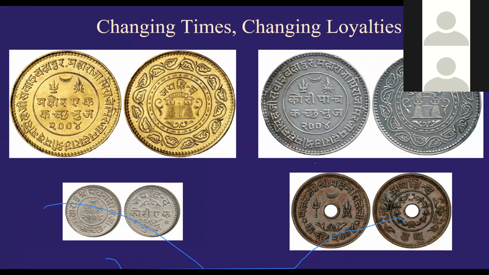As a last slide, I would say this was not the same thing. Loyalties were not something set in stone. Loyalties changed as times changed. And of course, these are the famous examples of the coins of Kutch, which after independence omitted the name of the British emperor from them. Instead, they put the nationalistic slogan "Jai Hind" onto their coins.